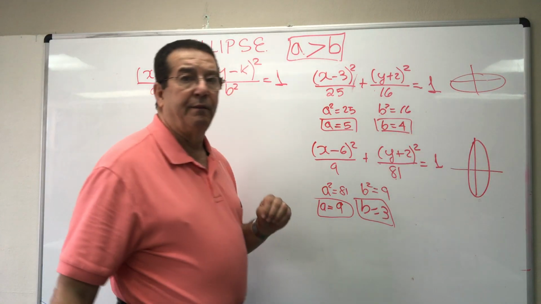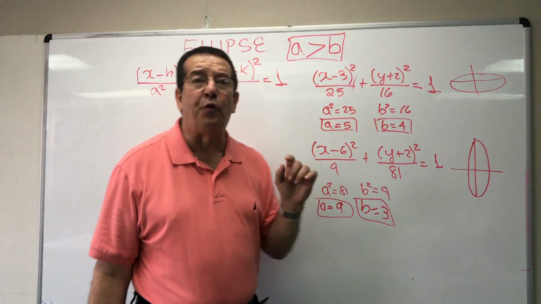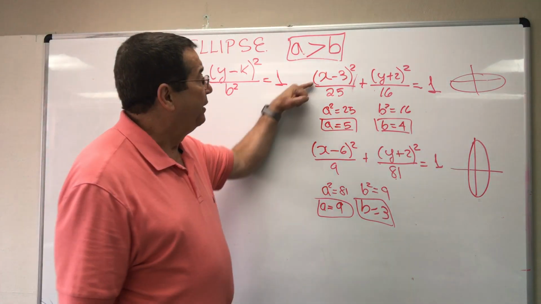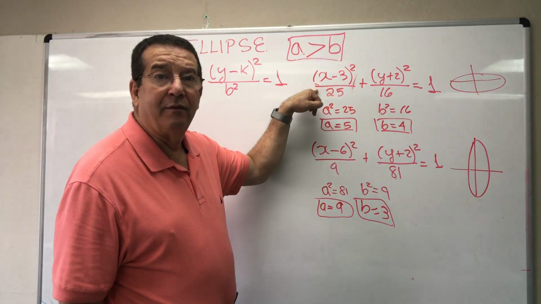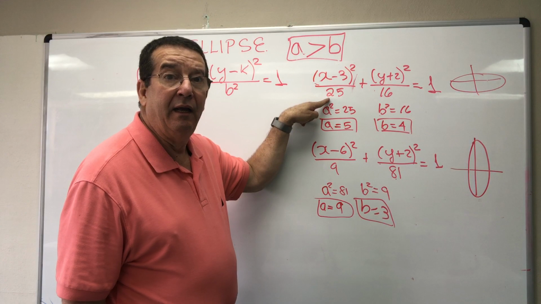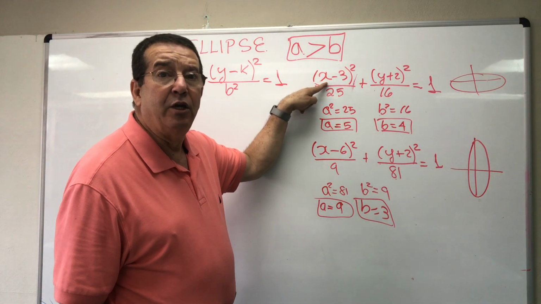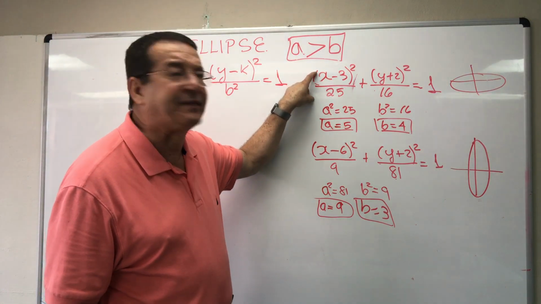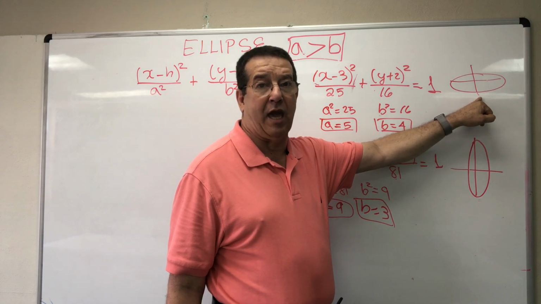Listen, it's very simple. When the value of A squared, the big number, in this case 25, is in the denominator corresponding to the variable x, you can arrive at the conclusion that your ellipse is horizontal. It's like this, horizontal ellipse, okay?